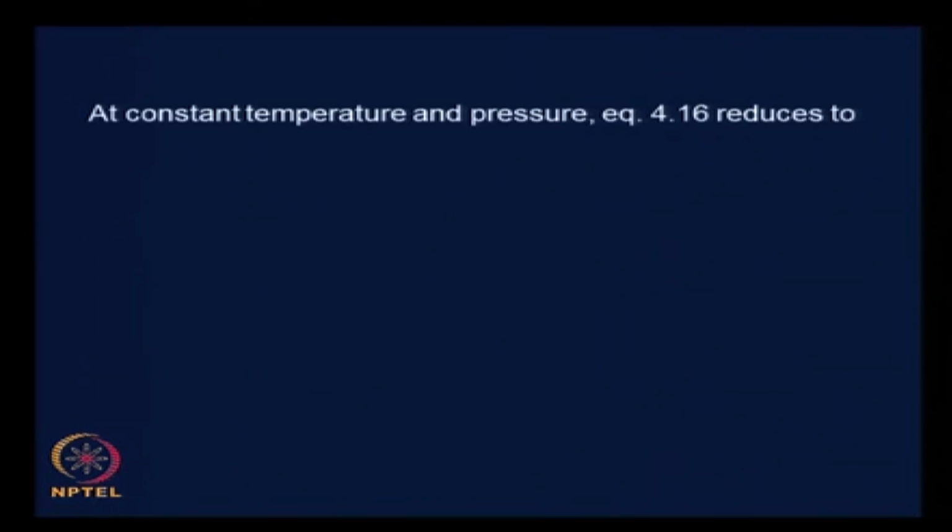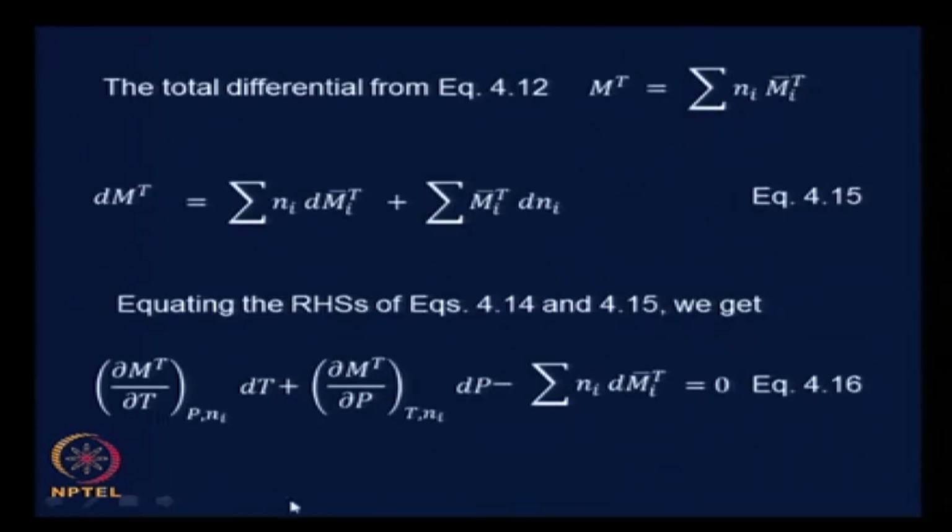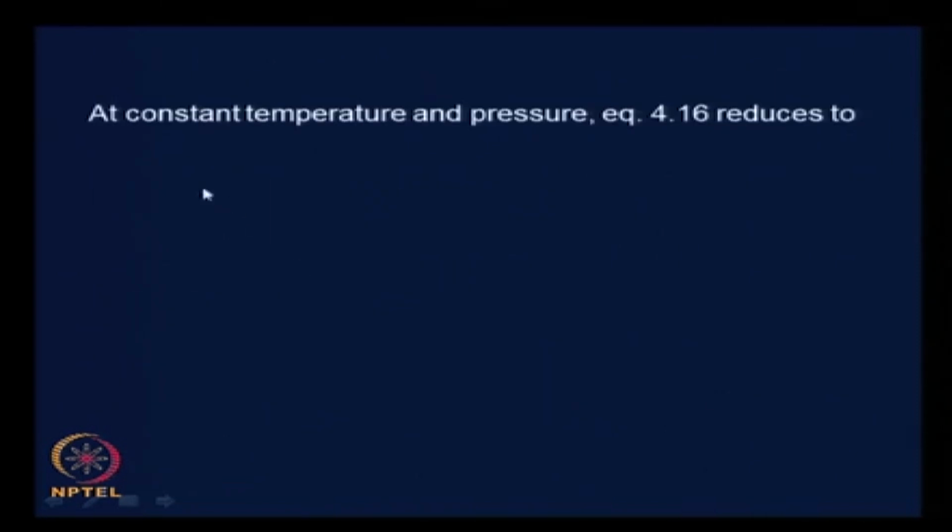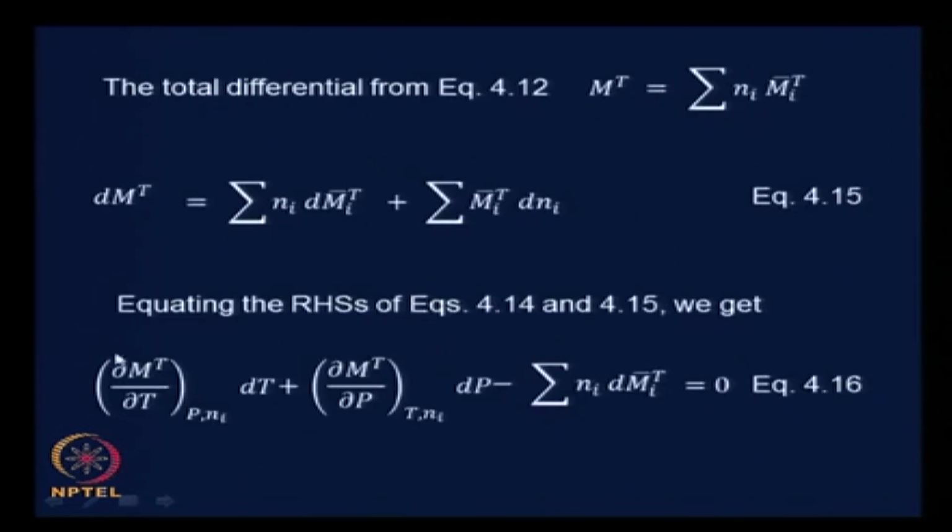This equation 416 is written for all partial molar properties. Instead of concentrating on G alone, which we had done in the earlier module, we will do it for any total property.